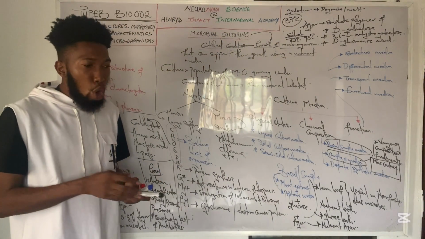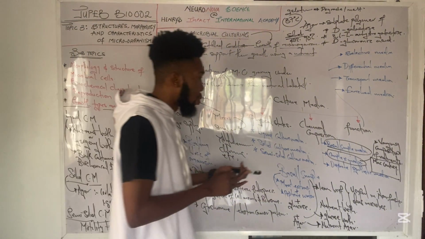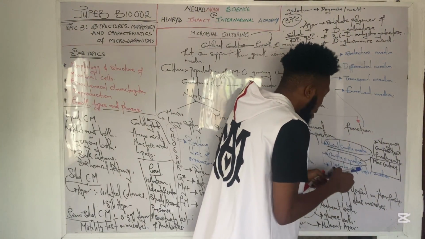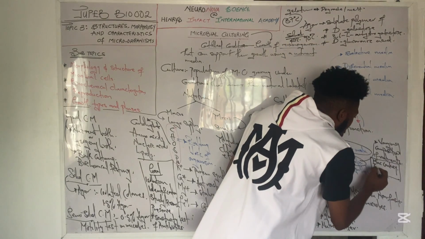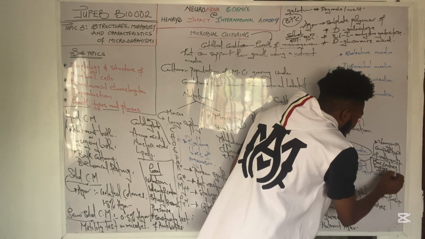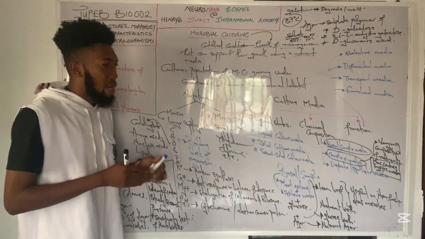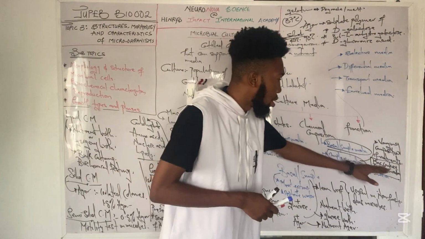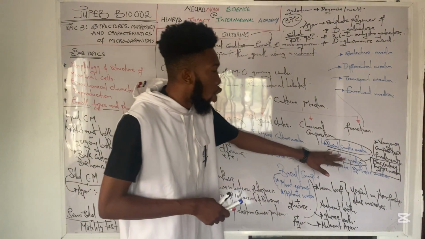And we are going to look at what is contained in this MacConkey media. So we have the MacConkey media and we have the tryptic media. So these two media here are major examples of your complex media.